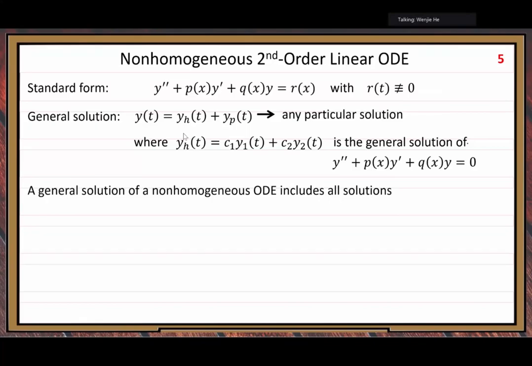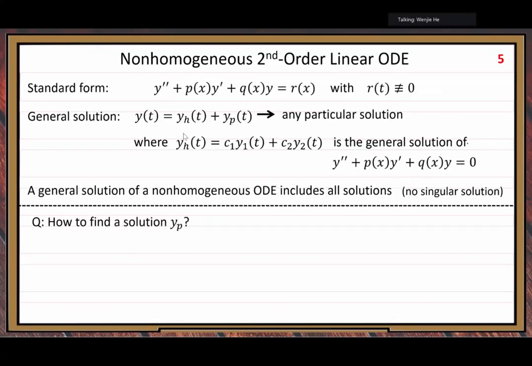A general solution of a non-homogeneous ODE includes all solutions. So this part, then the YP part. But here, let me explain this statement a little bit, because it's related to singular solution.